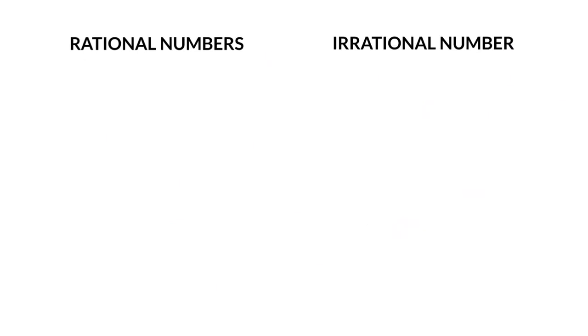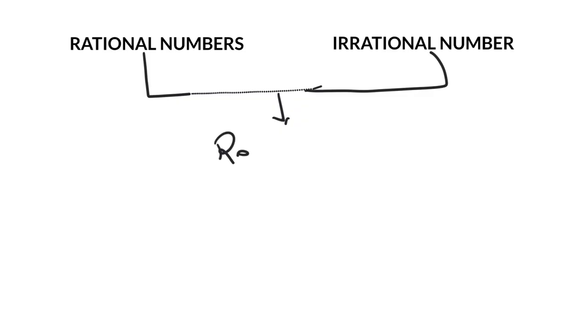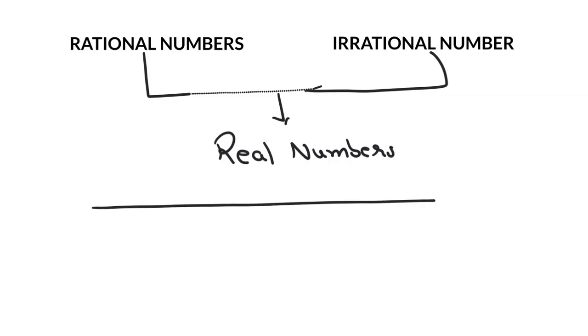So we understood what rational numbers and irrational numbers are. Rational numbers and irrational numbers together are called real numbers. And all real numbers can be marked on the number line. That's why the number line is also called the real number line.